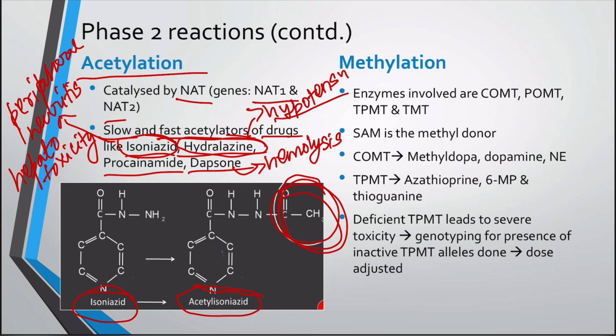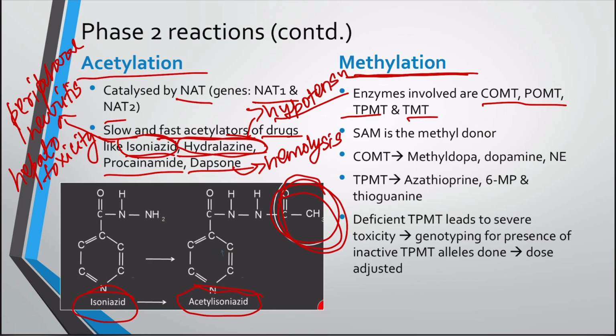Now coming to the next phase 2 reaction, that is methylation, which is catalyzed by enzymes like COMT, that is catechol O-methyl transferase, then POMT, phenol O-methyl transferase, then we have TPMT, that is thiopurine methyl transferase, and then we have TMT, that is thiol methyl transferase. So for methylation, we need the methyl group. Methyl group is to be added to the drug.